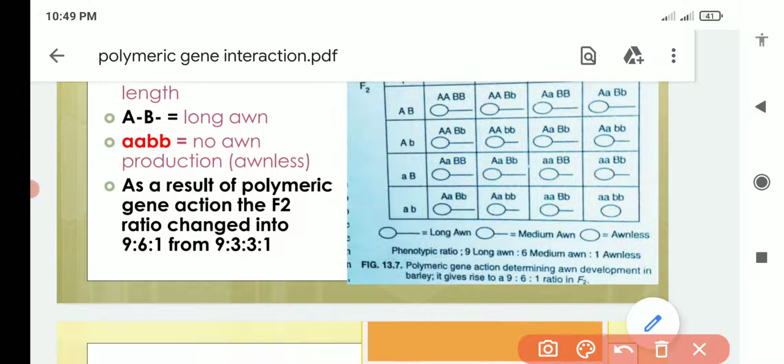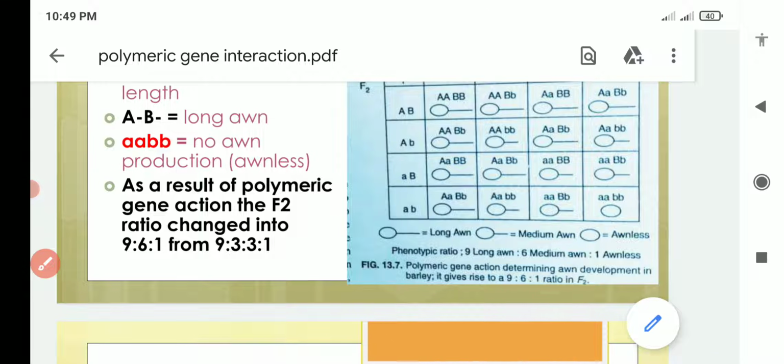So here this ratio 9 is to 3 is to 3 is to 1, the normal F2 ratio. Okay, when we are making dihybrid cross, we observe this 9 is to 3 is to 3 is to 1 ratio. It is going to change into 9 is to 6 is to 1 in case of this polymeric gene interaction.